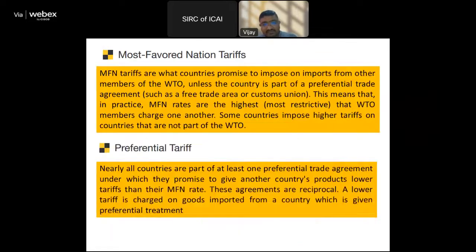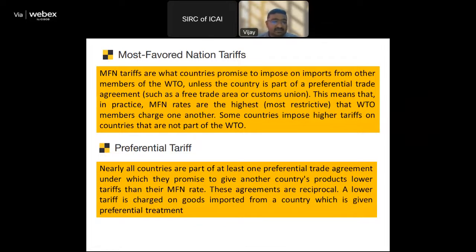Most favored nation tariff. Here, sir, for some countries the rate will be less, and for some countries the customs rate will be high. Most favored nation rates are high for countries that are not members of WTO.